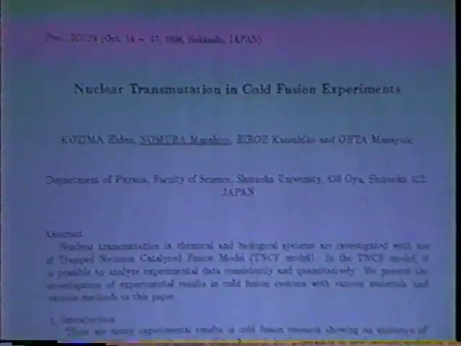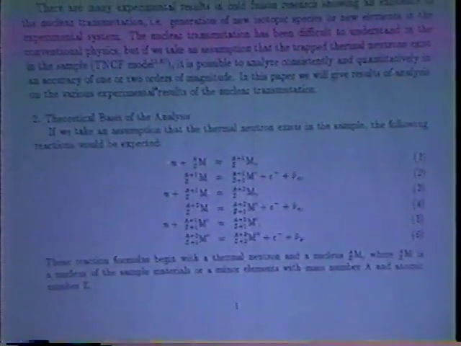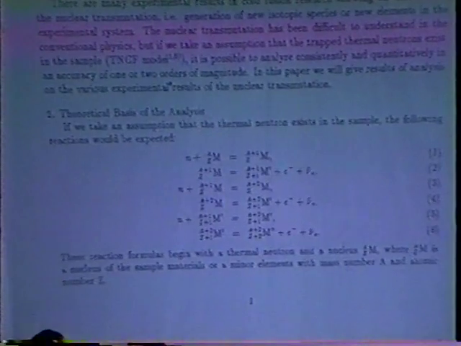And the next thing is nuclear transmutation. One I already told you about in the case of Bush and Eagleton. The fundamental nuclear process is neutron and nucleus. And our analysis is on 3 experiments.